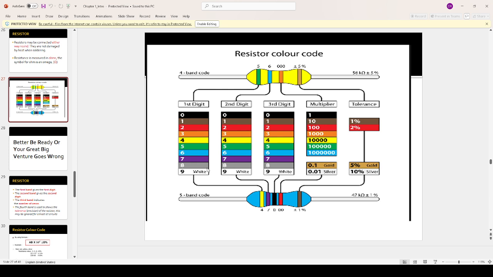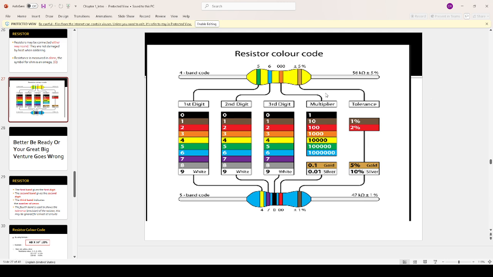If the resistor is a 5-band, the third one will also be used as a whole number value 0 until 9. But in this case, we will only see the 4 bands.